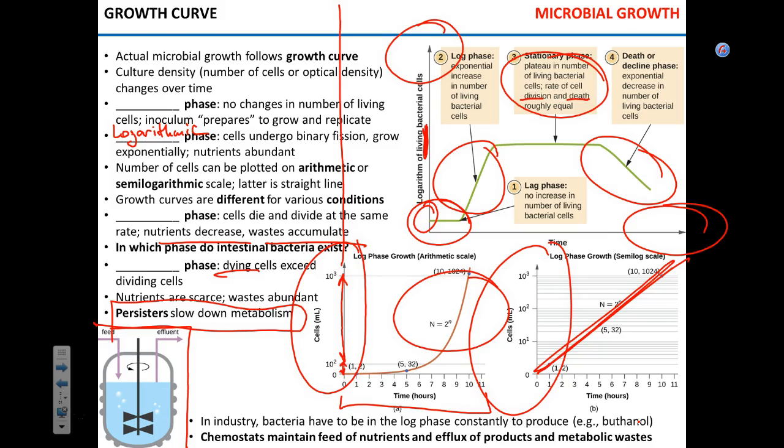And at the other end of the tank, there is some sort of system that removes bacterial wastes. So bacteria exist in the chemostat in the log phase. They constantly grow. Does that make sense? They produce wastes, quote unquote, and use nutrients.